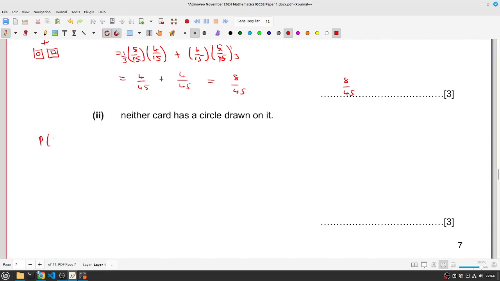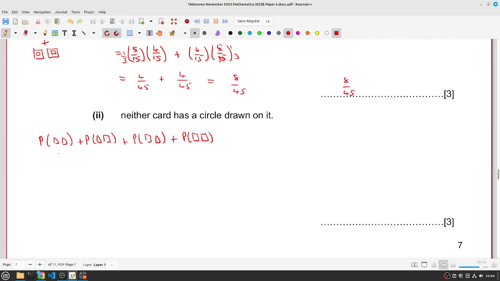So probability of getting triangle triangle, or triangle square, or square triangle, or square square. Those are all the options that do not have a circle. So we just work out all of them.